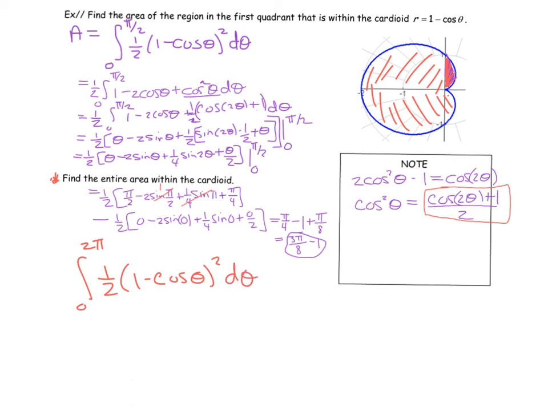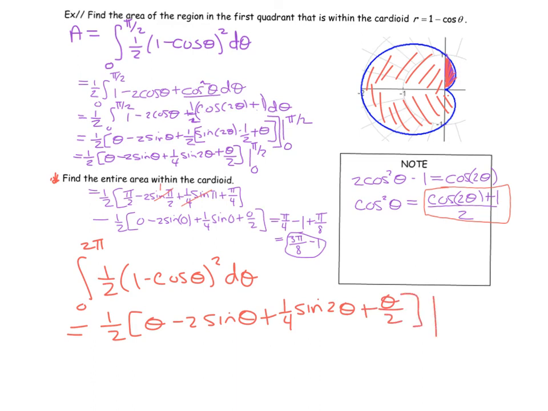D theta. We'll use the fact that we already know the antiderivative, so this is going to be 1/2 times theta minus 2 sine of theta plus 1/4 sine of 2 theta plus theta over 2, evaluated from 0 to 2 pi. And we know what happens when we plug in 0, that everything goes away, so we're just going to plug in 2 pi.